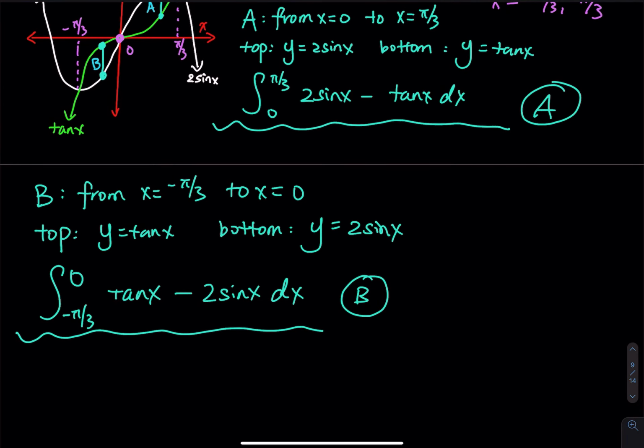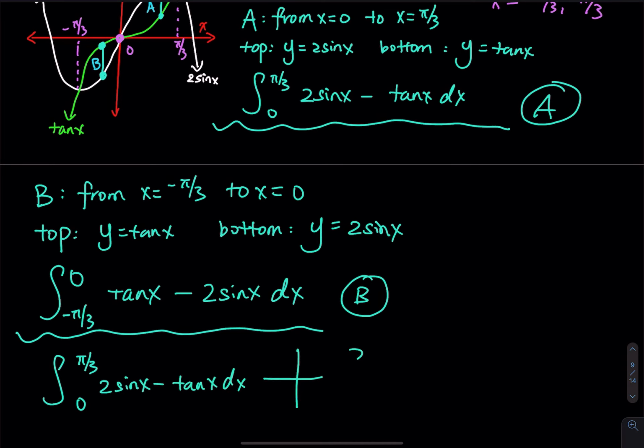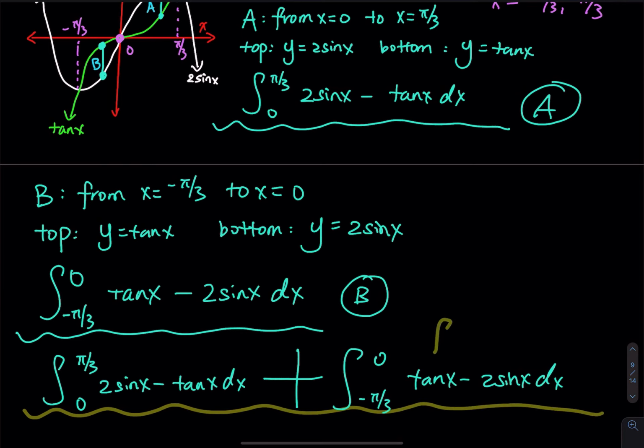So you have to do something like that: the integral from 0 to pi over 3 of 2 sine x minus tangent x dx, plus the integral from negative pi over 3 to 0 of tangent x minus 2 sine x dx. All right, so that is the final answer. But for the final answer, you have to evaluate this and then integrate and then plug in using the fundamental theorem of calculus, and then you give me one answer, right?